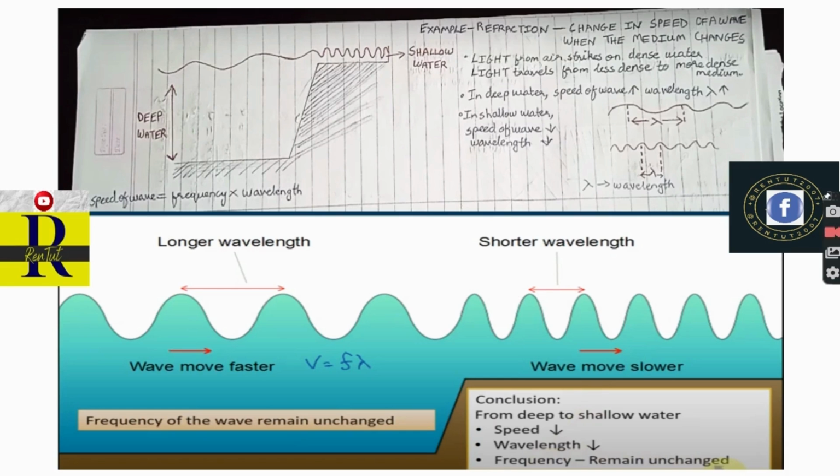Light enters from a rarer medium, which is air, into the sea water, so it has to bend towards the normal. Okay, so these are three examples of refraction.